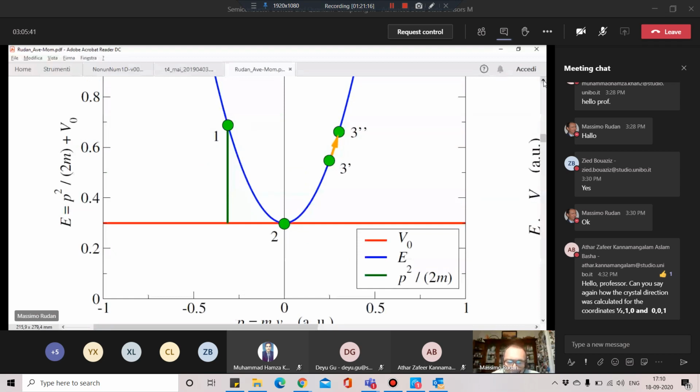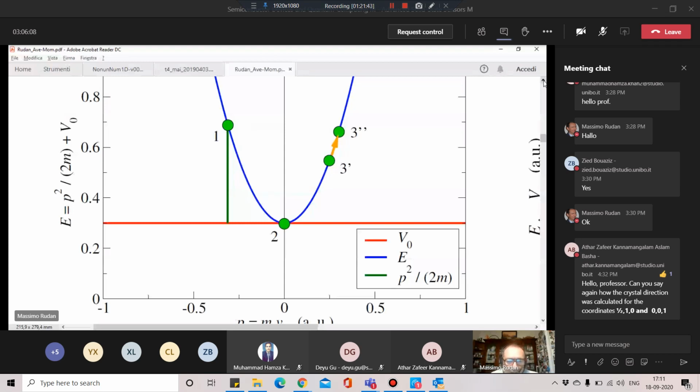Of course, the constant is arbitrarily set equal to 0.3. You read it on the left axis. And the parabola is the blue line. So, the blue line is the total energy, V0 plus P squared over 2m.